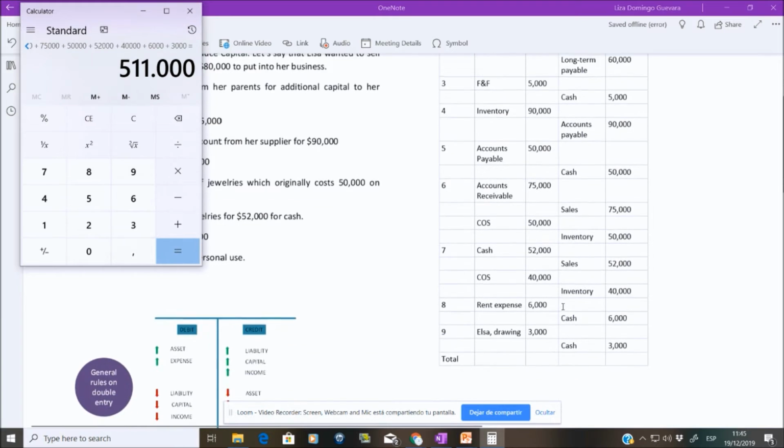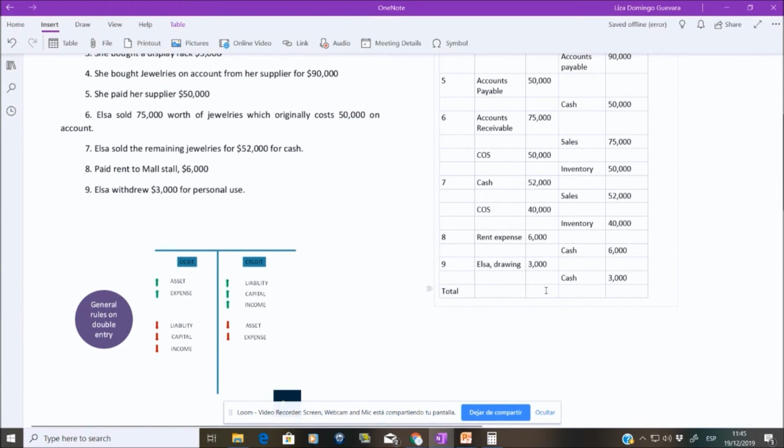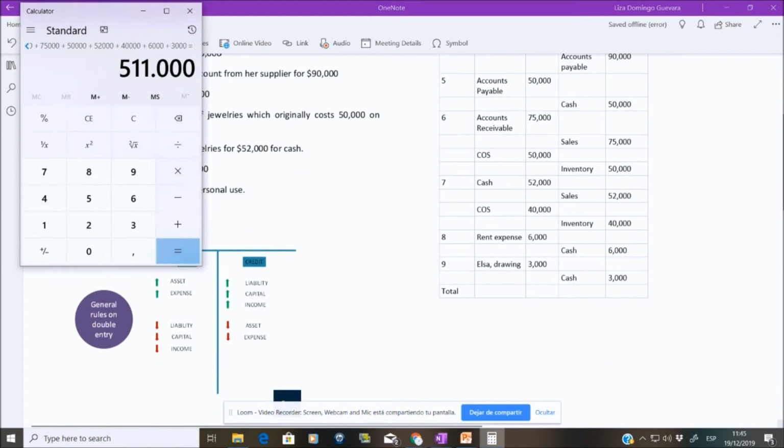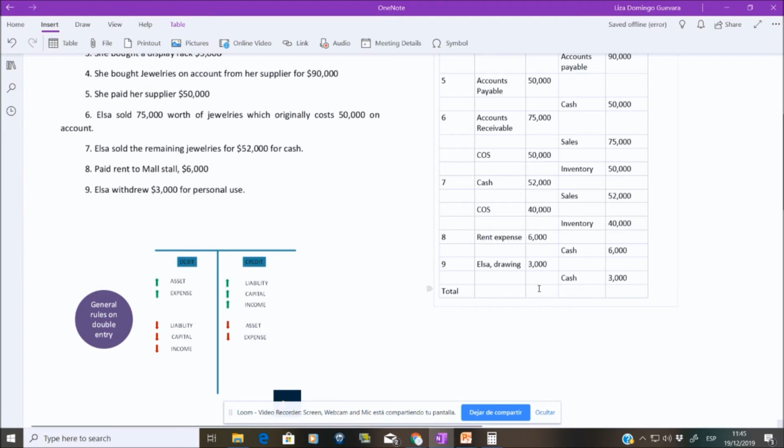So the total of your debits and credits is 511,000.